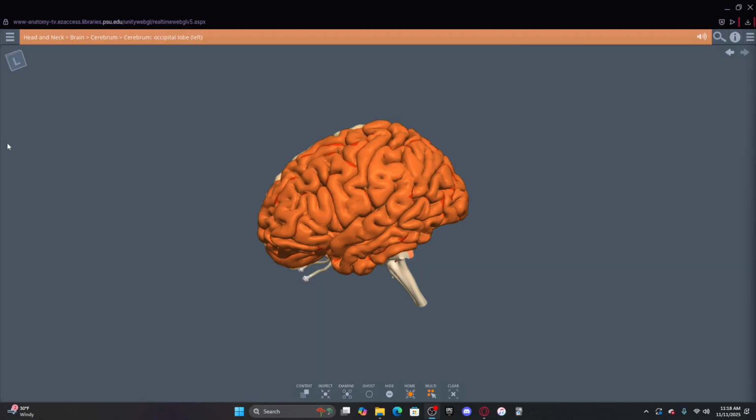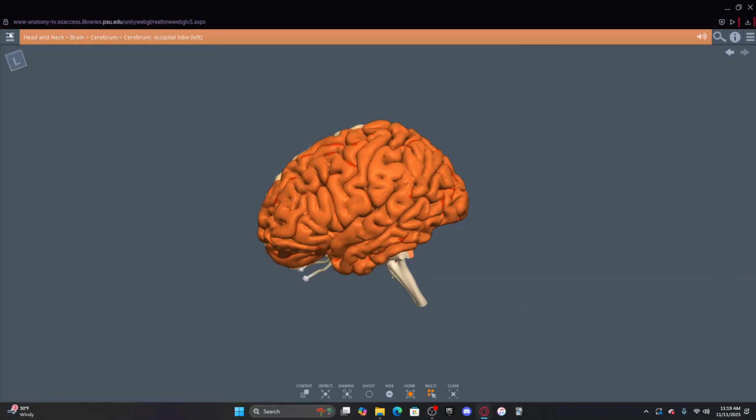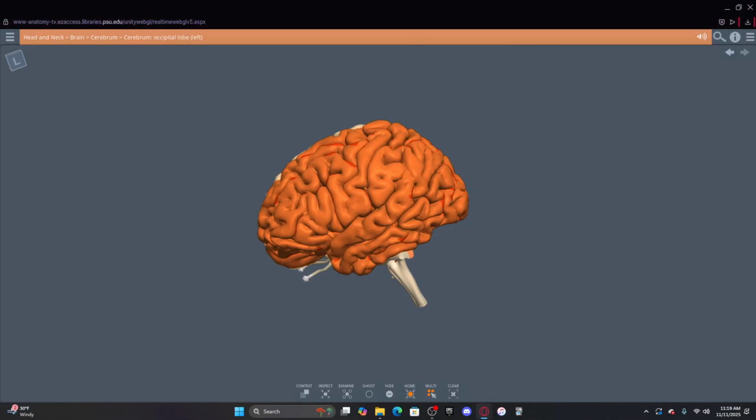I'm gonna move on to the dural venous sinuses, and then we're gonna move on to the circle of Willis. Matter of fact, I'm gonna show you guys the meninges first, just so we understand and it makes sense.